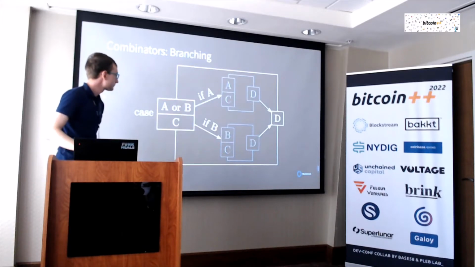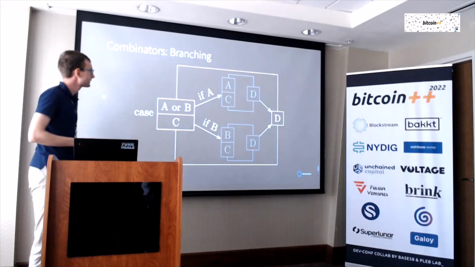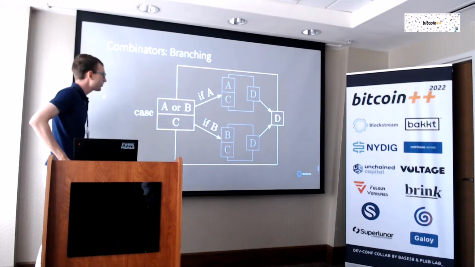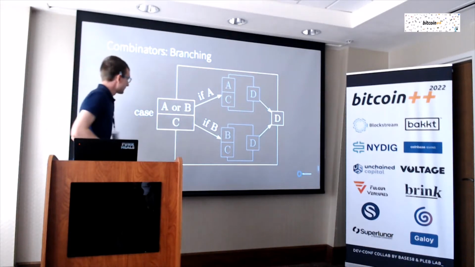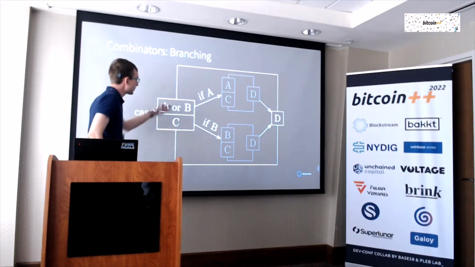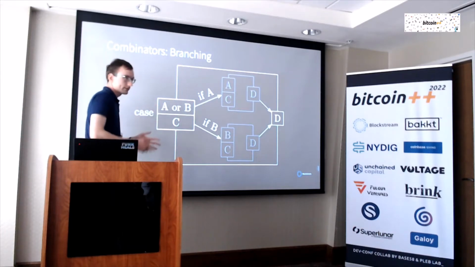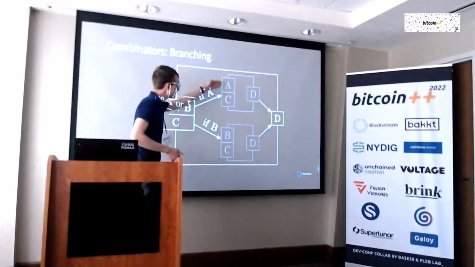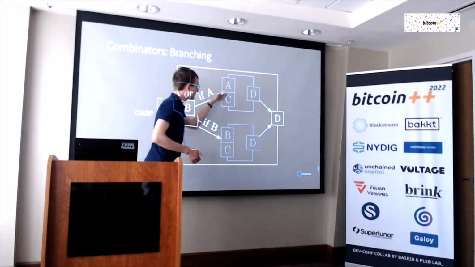And the last major piece is branching. So pretty much every programming language has an if statement or something similar. And here, this is called case. And the way it works is as follows. It takes a pair, and the first element encodes which way we want to go. It's a sum. So this is one major way how we use sums. And either this is A or B. If it's A, we go to the upper branch and use this circuit.